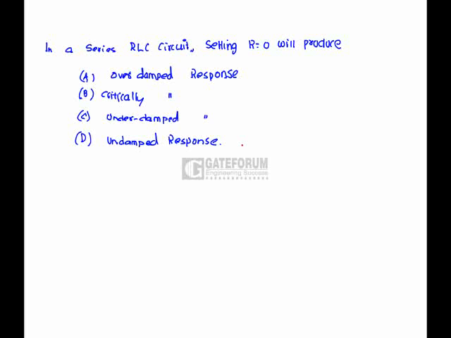Question is, in a series RLC circuit, setting R equal to 0 will produce. So if we look into the series RLC circuit, if we make R equal to 0, it is kind of an LC network.